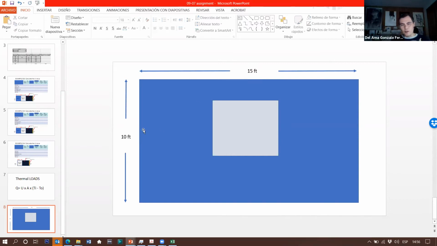Okay, this is what I want you to do for this warm-up assignment. We agreed that you showed me the window, but now we need an elevation of that wall, and I need to know the dimensions of that wall, and I need to know the dimensions of the window.